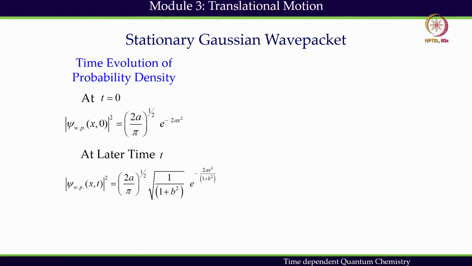So, next what we will do, we will try to understand what are the changes we will expect for that Gaussian. For that we will find out the width of the Gaussian.